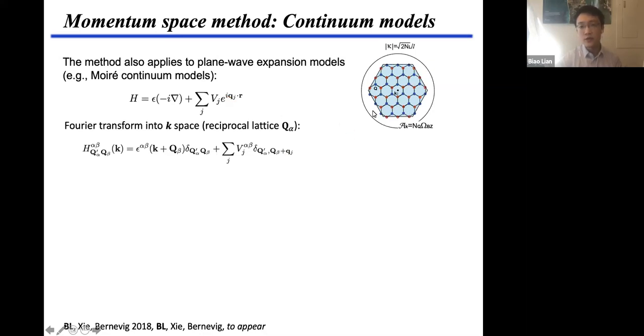So for example, this is the lattice for twisted bilayer graphene, if you're familiar with that. Basically, in this model, one has a kinetic term on each of these momentum sites, and there's a hopping connecting these different momentum sites.